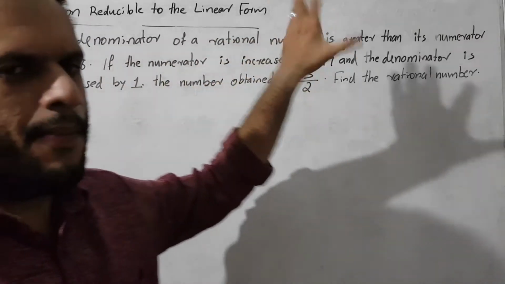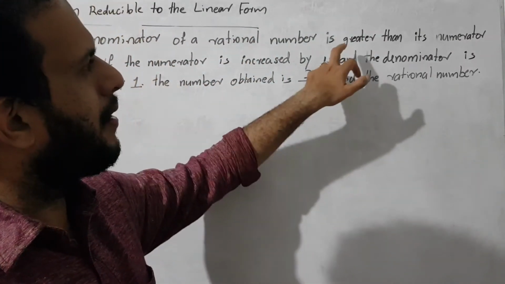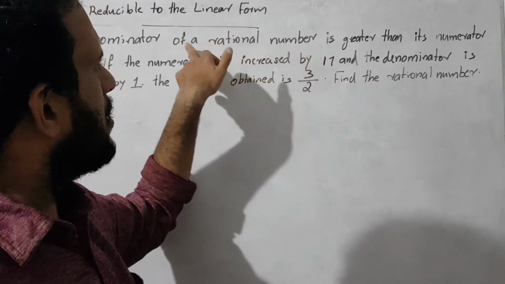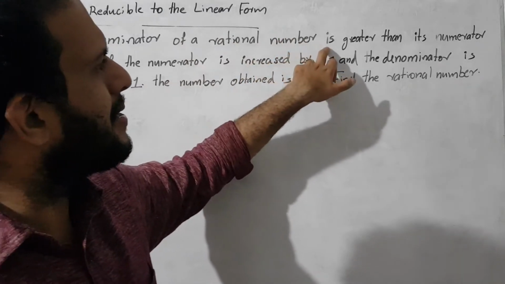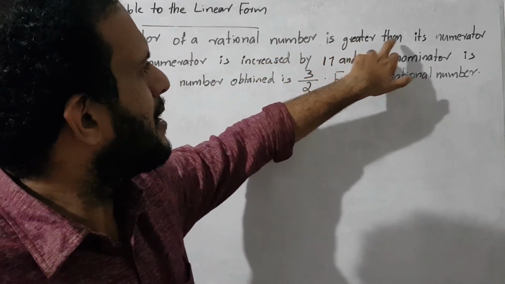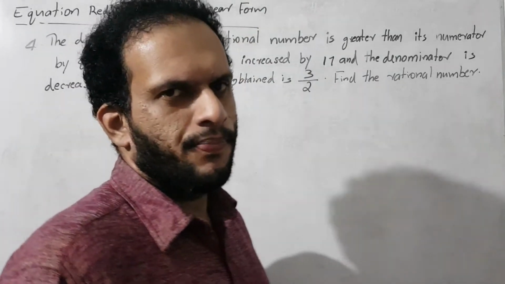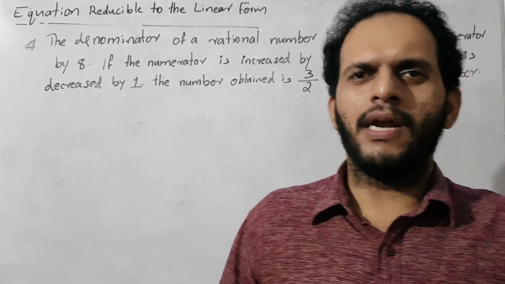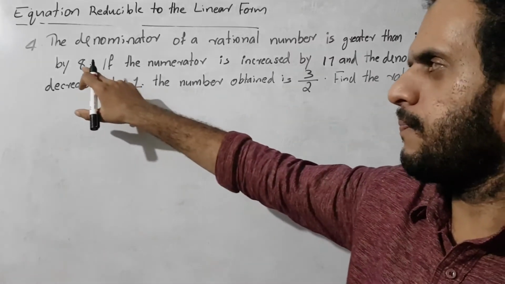We know that in p by q form we have a numerator and a denominator. Then what is the relation of numerator and denominator? The denominator of a rational number is greater than its numerator by 8. That means the denominator is more than its numerator by 8.